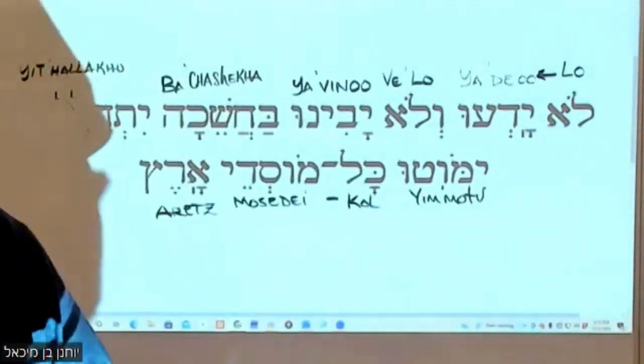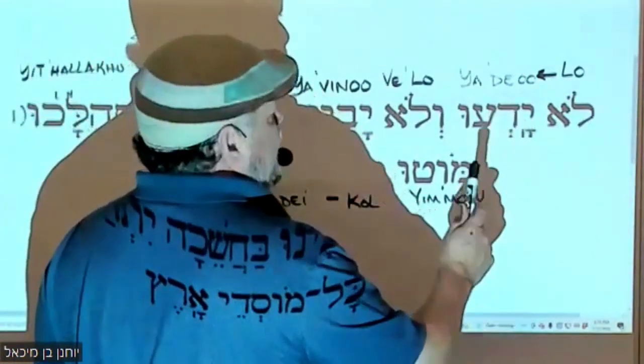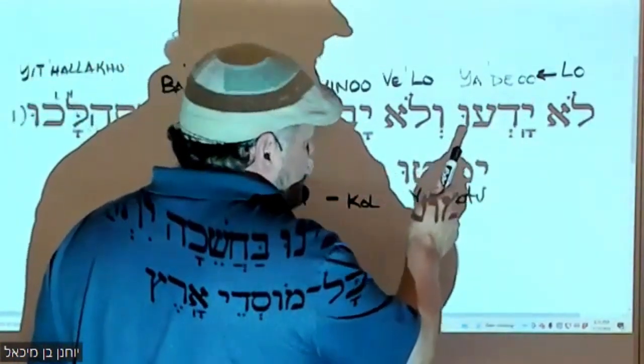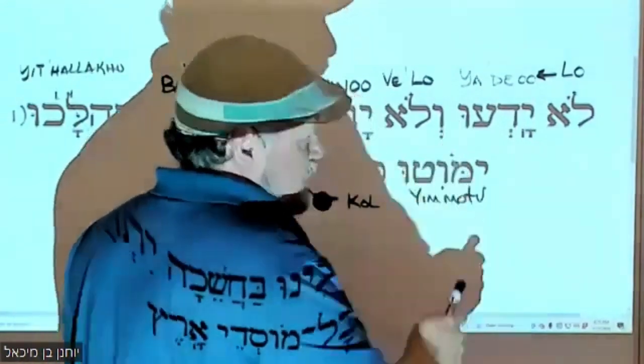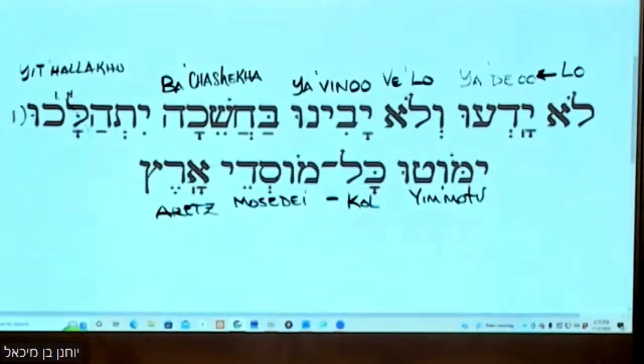Yada is to know. Okay? So yadeu. What does u mean? Them, they, right? U at the end of a word is always them.